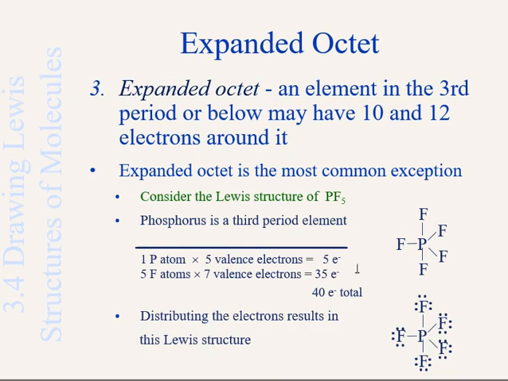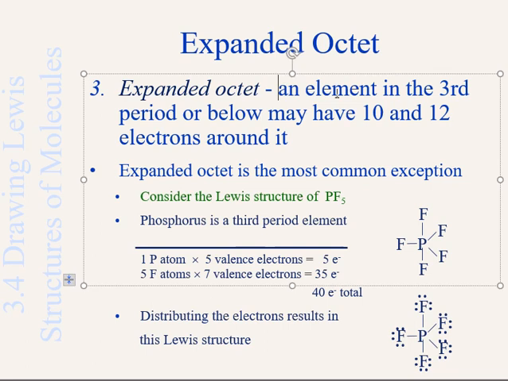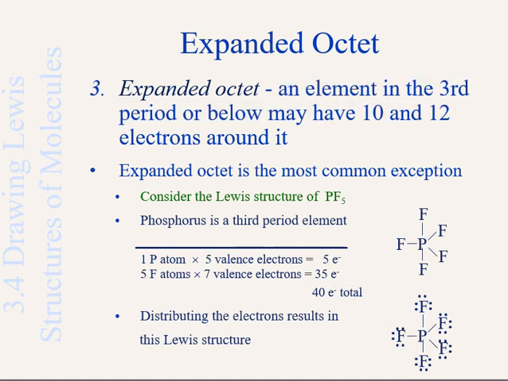Lastly, an expanded octet, which is very common. Expanded octet happens for elements in the third period or below third period: fourth period, fifth period and sixth period. It may happen that atoms can have more than 8 valence electrons, such as 10 or 12 or even more. How is that possible? Because they have the 3d orbital. Remember 3d.